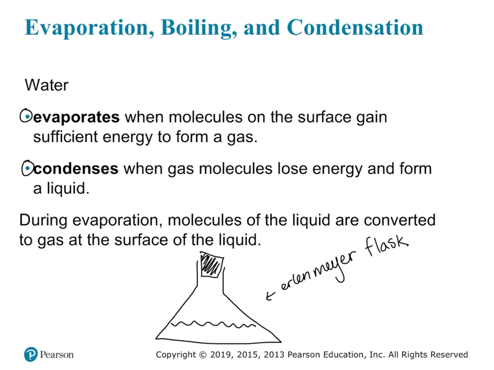And then let's say we heat that up. Water molecules on the surface of the liquid will rise up and become a gas. And then let's say we cut the heat off of the water. Eventually the gas molecules will sink back down and condense. So they'll turn back into a liquid.